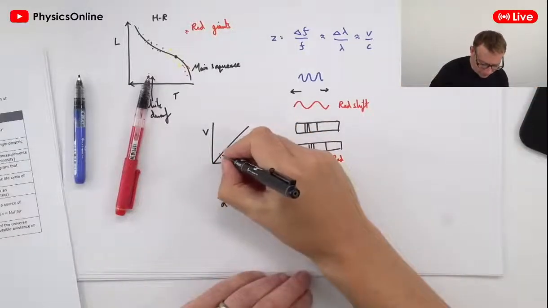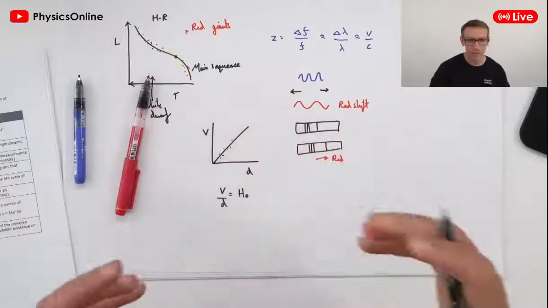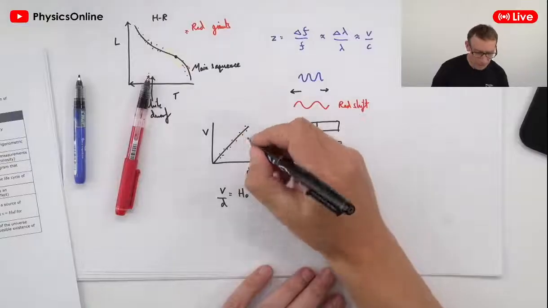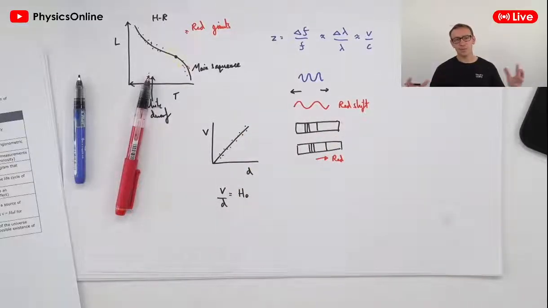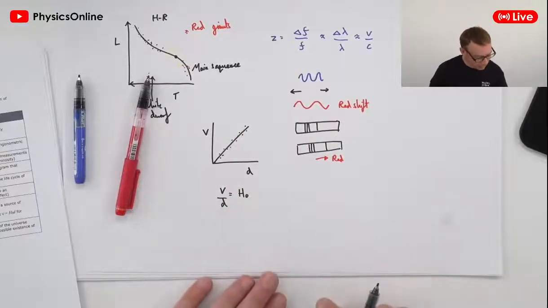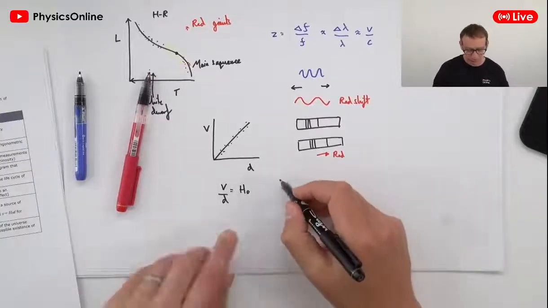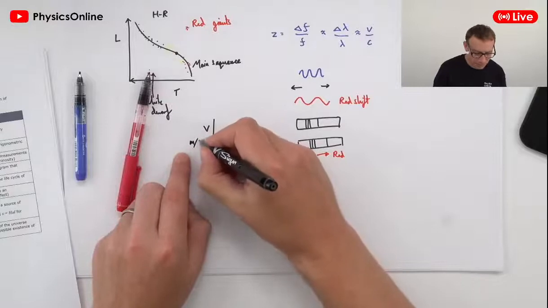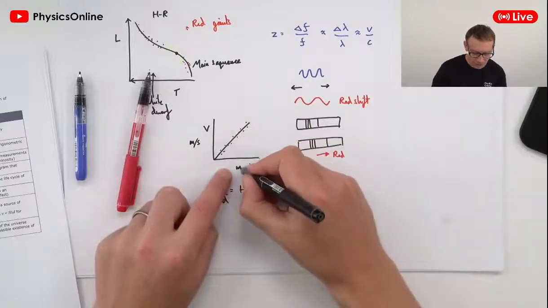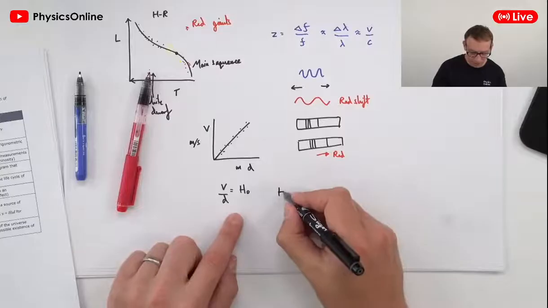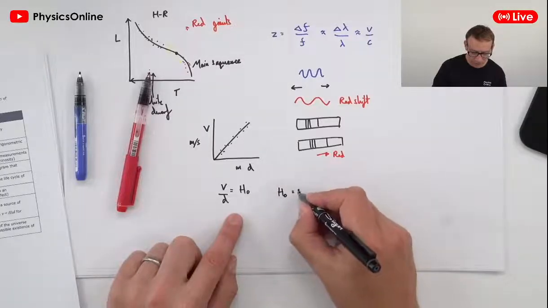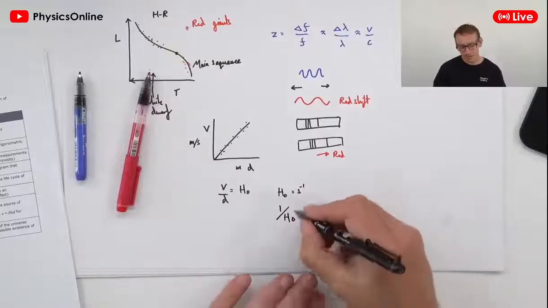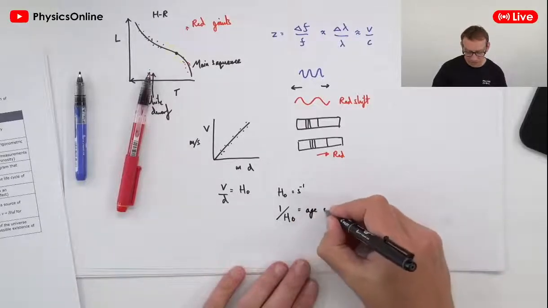There's going to be some variation, and some local galaxies might even be moving towards us, but the pattern is that everything is moving away from everything else. Since v is in meters per second and d is in meters, Hubble's constant has units of seconds to the minus 1, and therefore roughly 1 over Hubble's constant gives us the age of the universe.